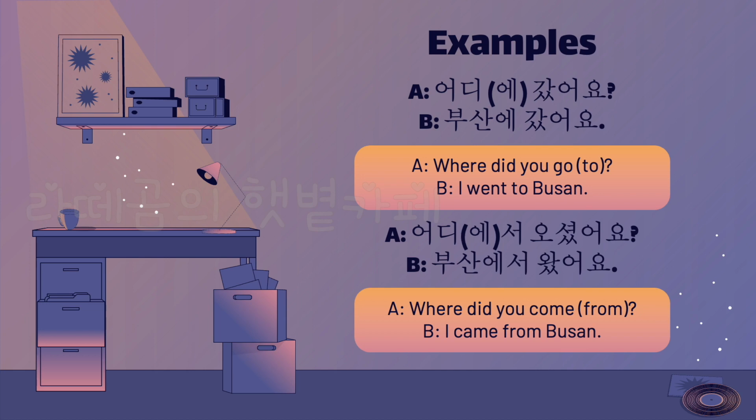When we are saying going, we use 가다 because 가다 is to go. Whereas when we're saying we were coming from a place, we used 오다 to come. And 오셨어요 is just a more honorific form of asking a question.